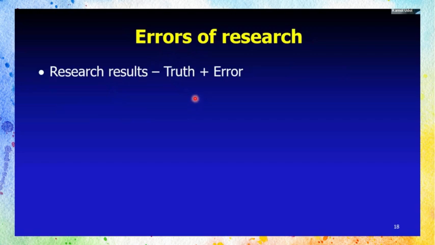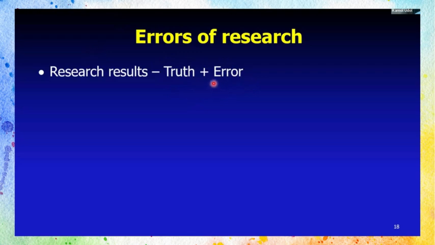However, in any research, when you get the results, there are always two components mixed in your results: the truth that you would like to know and the error. We would like to know what the truth is, but there will be some error mixed together in your research results.